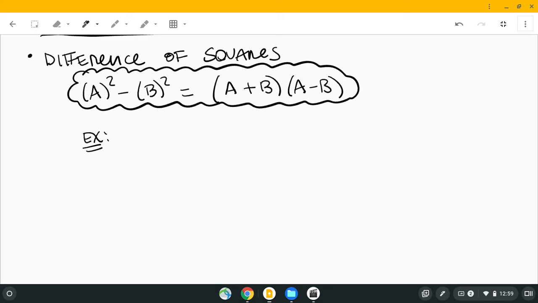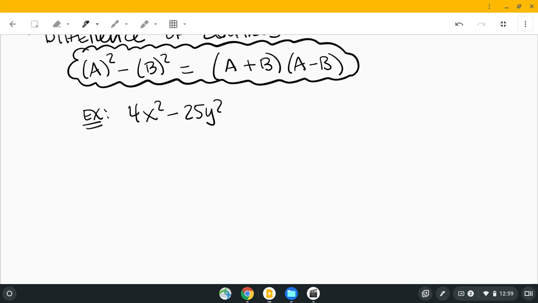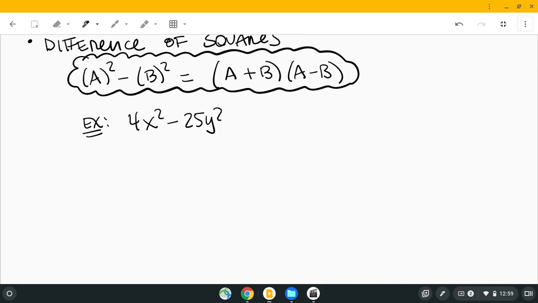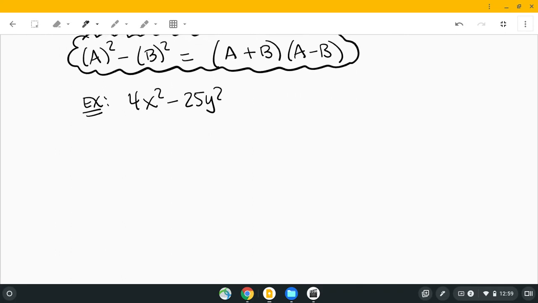If not, memorize it. Okay, so 4x squared minus 25y squared. Clearly both of these terms are perfect squares, and we do have subtraction. We do not have something for the sum of squares. We end up with imaginary numbers if we do. So first identify what's being squared.